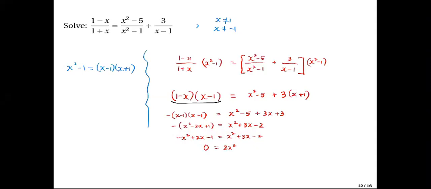And we have 3x there. So 3x minus 2x will only get x. And then this here, if we bring it to the other side, it becomes plus 1. So we'll just have minus 2 plus 1. That's minus 1. Okay?